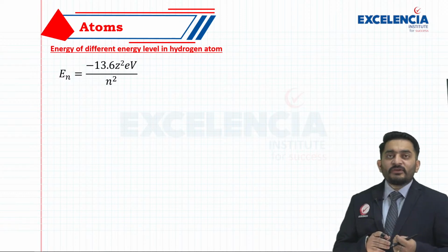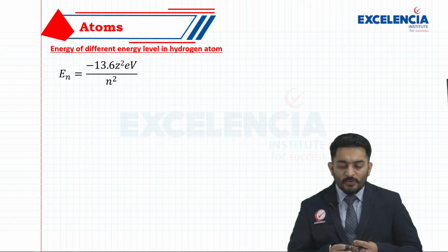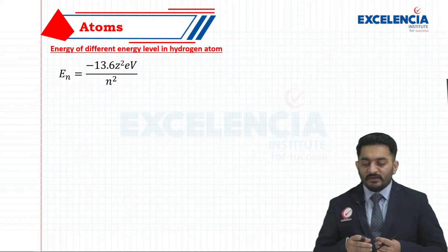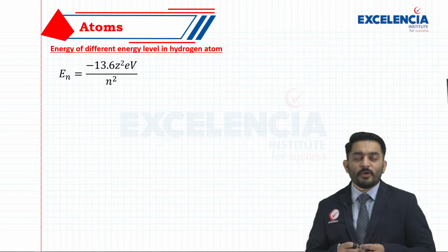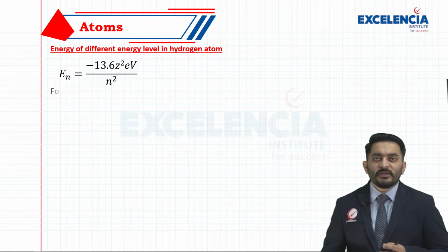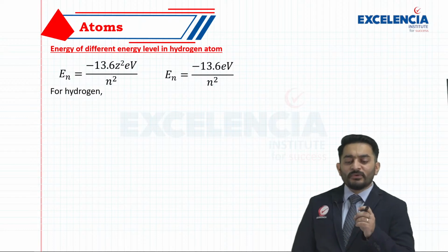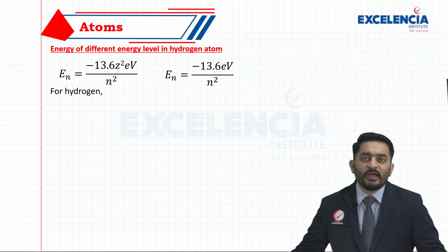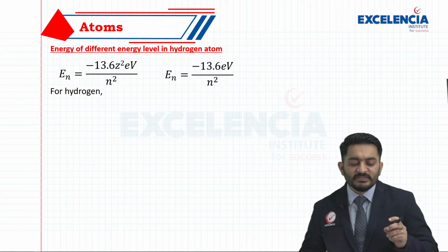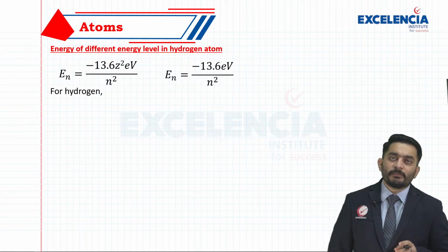Now if I plug in the value of Z for the hydrogen atom, the atomic number is 1, so I don't have to worry about the numerator. My final formula will look like this: the nth energy can be calculated by minus 13.6 electron volt over n square.